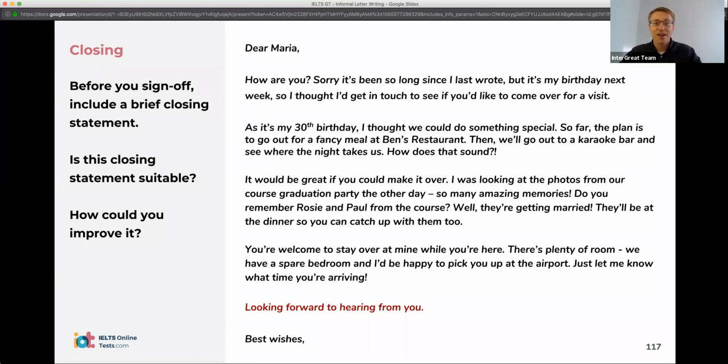Okay. Question here from Arakan, who is asking, do we have to finish the first task of the exam within 20 minutes? Or are we allowed to use some of the rest of the time to complete it? Or will we be made to stop and move on? Yeah, it's not compulsory. You're given both tasks at the beginning of the writing test, and you have an hour to complete them both.